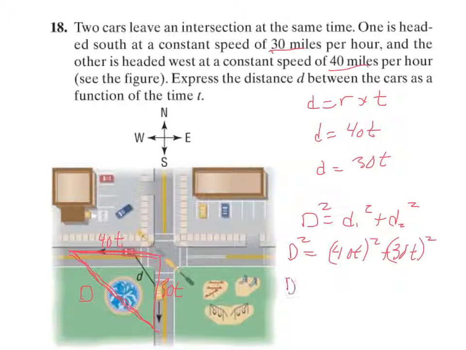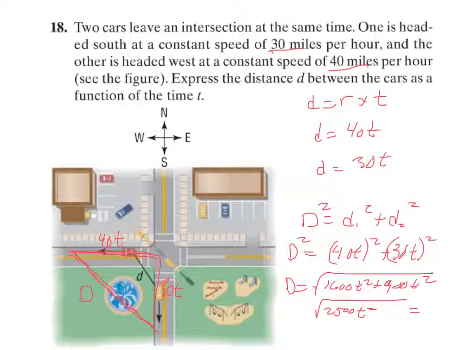So now the distance is going to be the square root of 1600t squared plus 900t squared, which gives us 2500t squared, and the square root of that is 50t. There you go. That's your distance with respect to time.